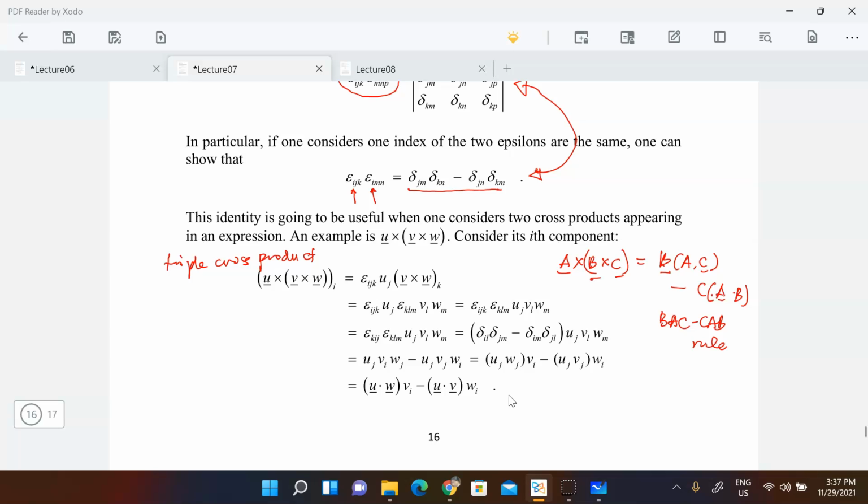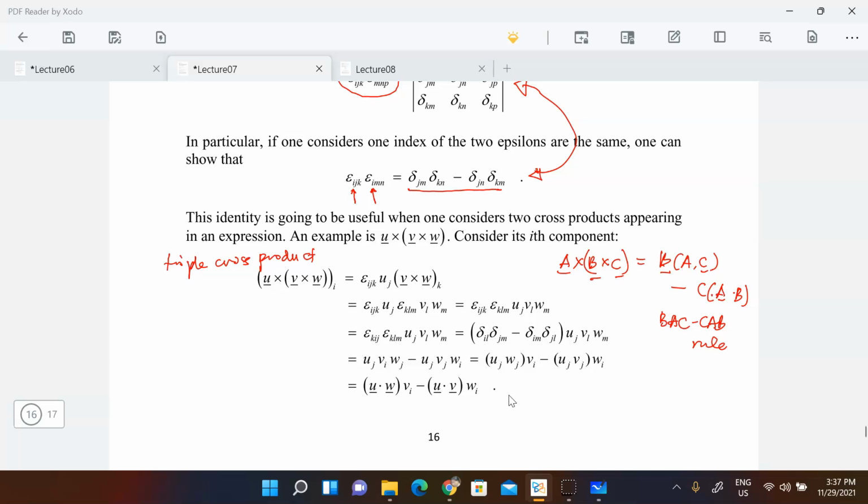Now you know how lengthy it is to prove this, because you are not given numbers. There are no numbers inside A, B and C, you are all given symbols, and to expand this triple cross product you have at least one page of algebra to do.